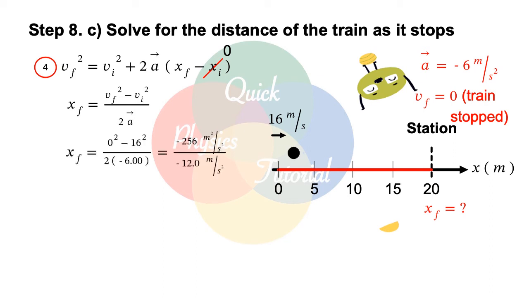Plugging the given values, xf is equal to 0 Vf squared minus Vi, 16 meters per second squared, over 2 times negative 6 meters per square second. Cancelling some units and simplifying the equation, we get xf equal to 21.3 meters. This means that the train is passed 1.3 meters away from the station when it stopped.